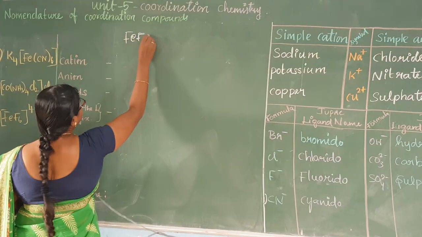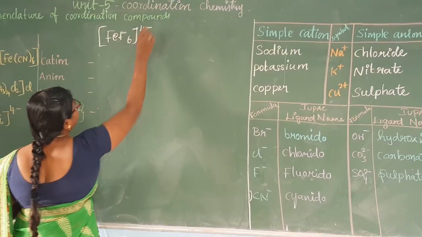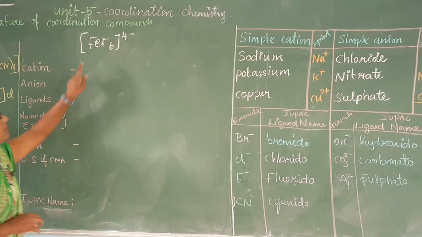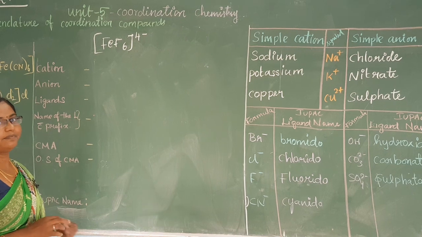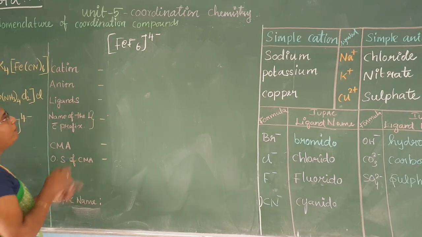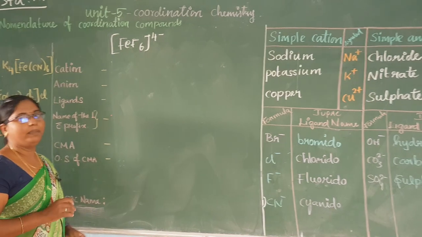FeF6 4 minus. Okay, this is our complex. So, we will see this example in the next class.